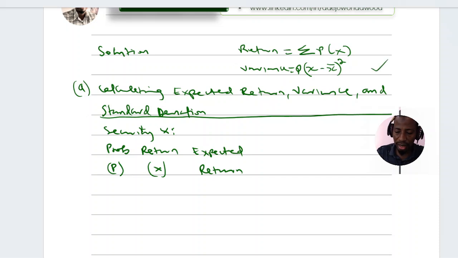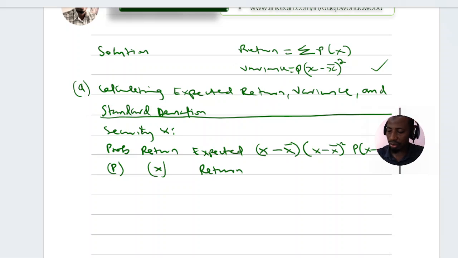So we have actual return minus expected return, X minus X bar, then X minus X bar squared, then probability of X minus X bar squared.